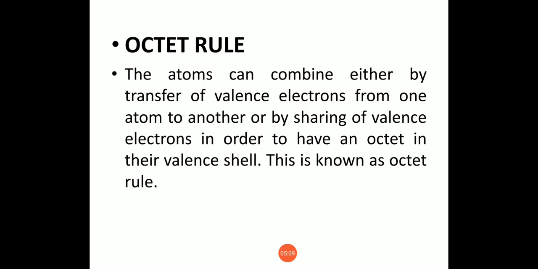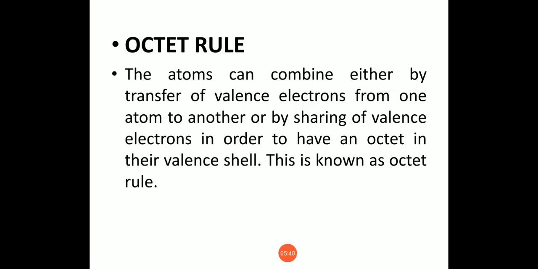Before coming to this, why do atoms take part in bonding? To attain stability or stable configuration. If the outer electronic configuration is 8 for an atom, it is stable. That is why atoms take part in bonding. That is why we are going to discuss this topic, octet rule.